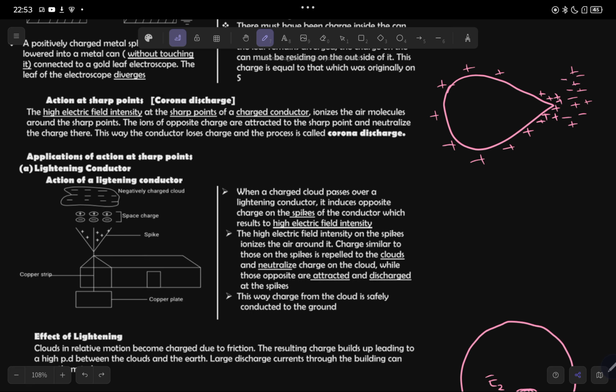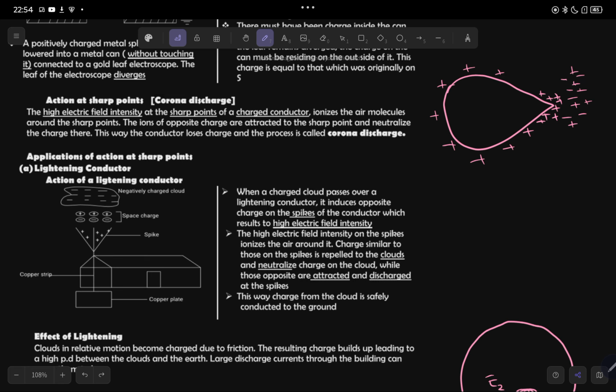Now, the positive ions, or the ions which are similar to the ions on the sharp points, will be repelled away at a very high speed, and as they move, they constitute an electric wind, which sometimes is even strong enough to blow a burning candle.